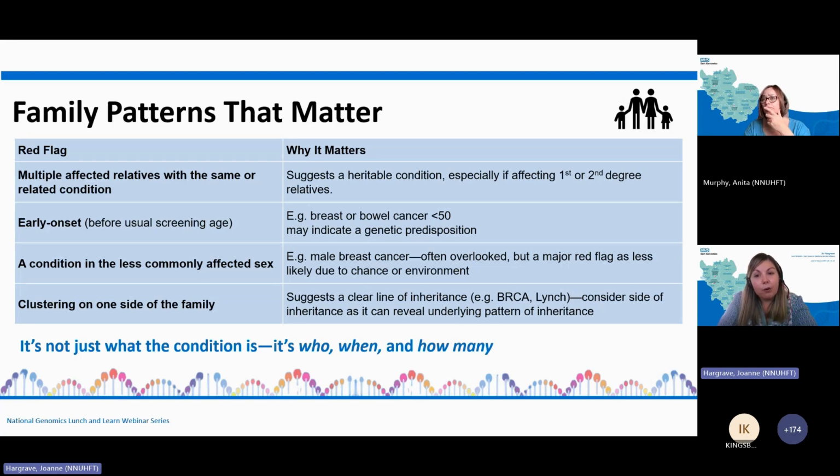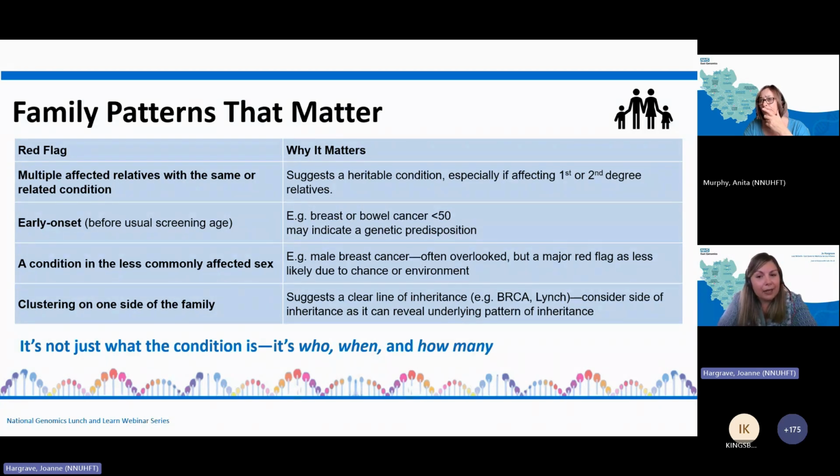If you notice an early onset of a condition, for example breast or bowel cancers below the age of 50, it might indicate a genetic predisposition. If you have a condition which is generally associated with the opposite sex, it can often be overlooked, but it's less likely to be due to chance or environment and is a significant red flag.